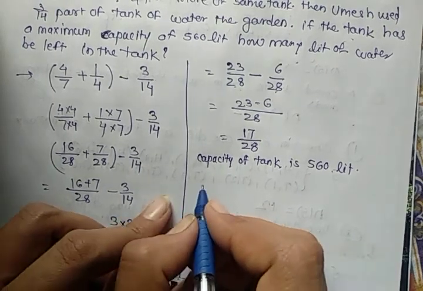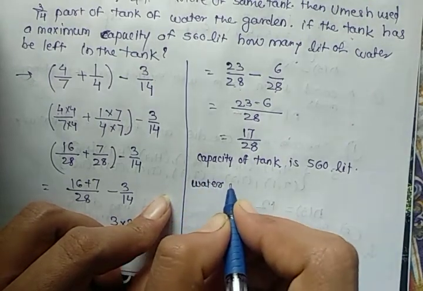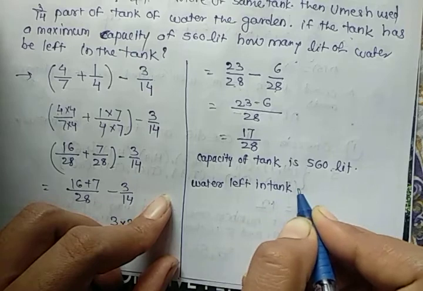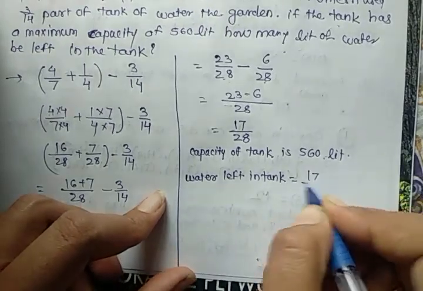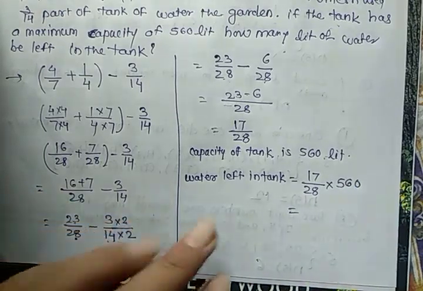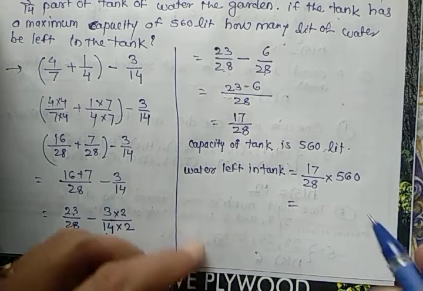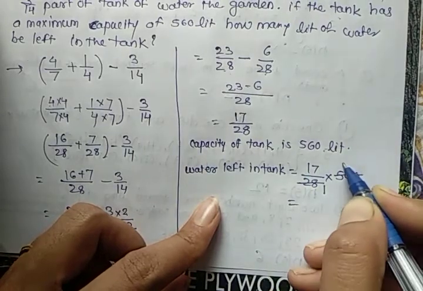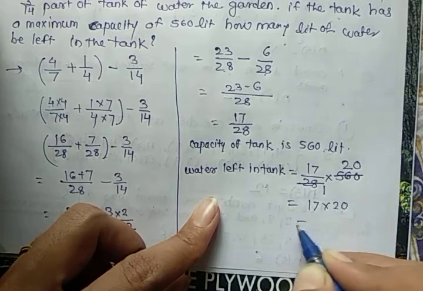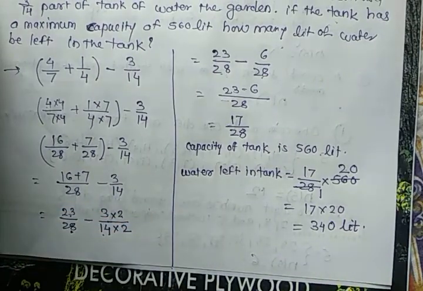So water left in the tank is equal to 17 upon 28 multiplied by 560. 28 ones are 28, 28 twos are 56. Here it is 20. So 17 multiplied by 20. The answer is 340 liters of water left in the tank.